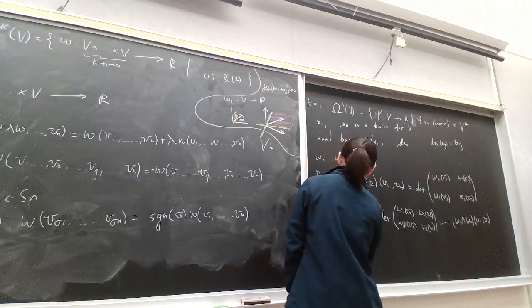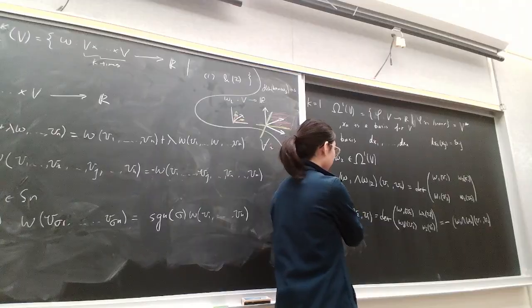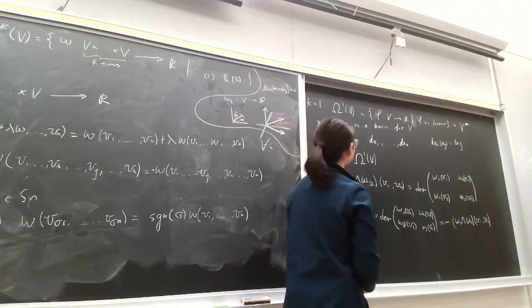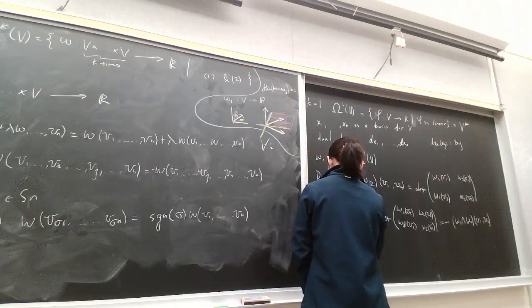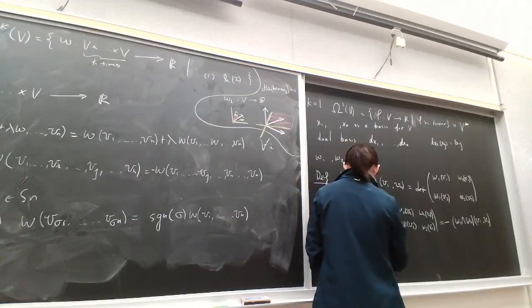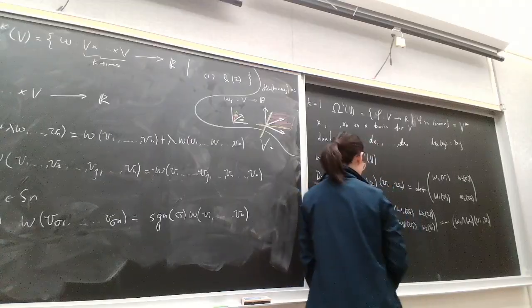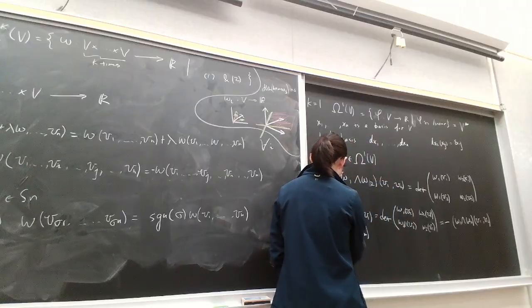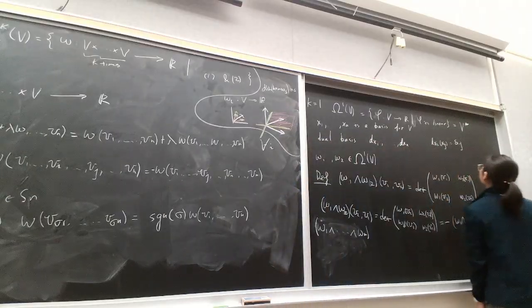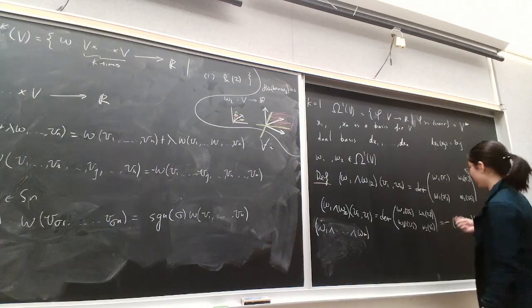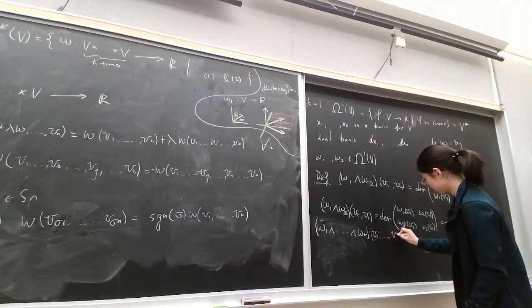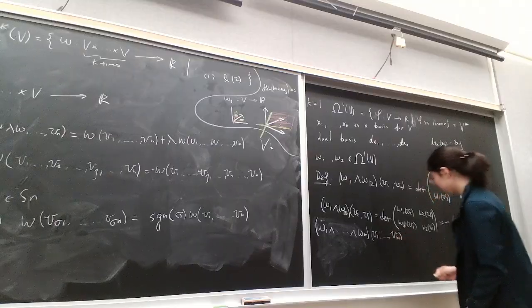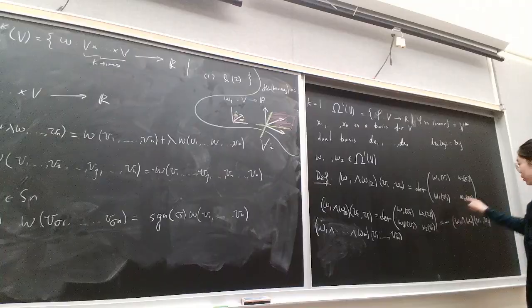And then we're going to talk about how to wedge in general m different things. Let's say I have omega 1 up to omega m. This takes in m vectors and outputs a number in R. And then we want to make it analogous to this definition.